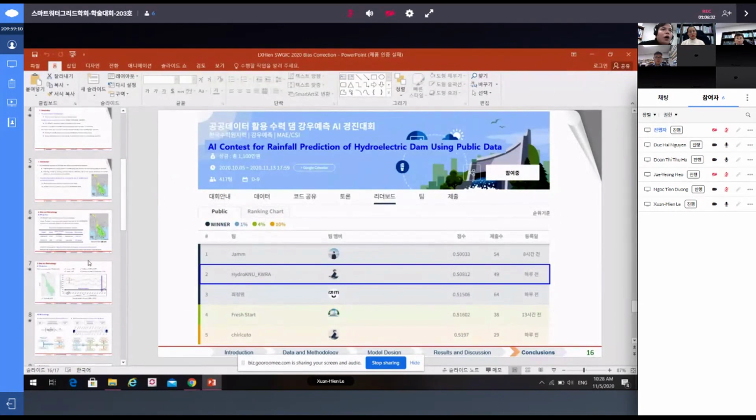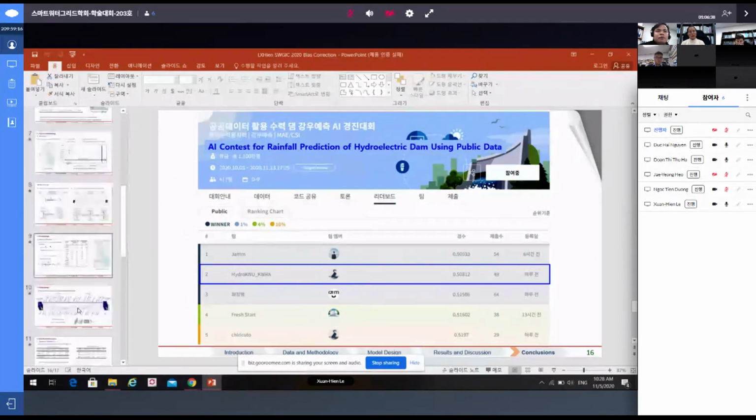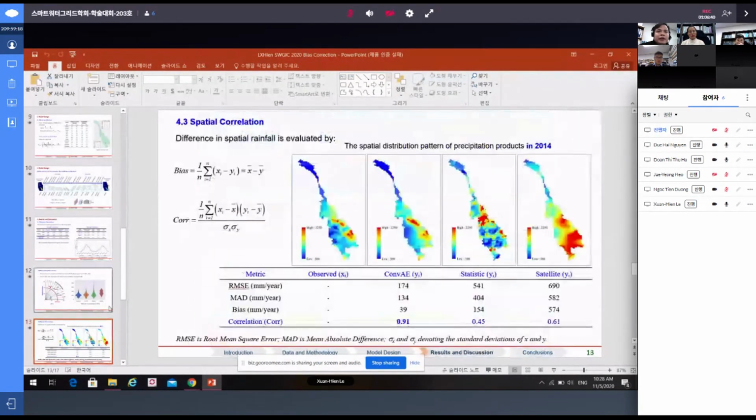You show the spatial observation map to compare with the results from the CNN and the statistical model. Can you tell us what the observation map you created is based on?